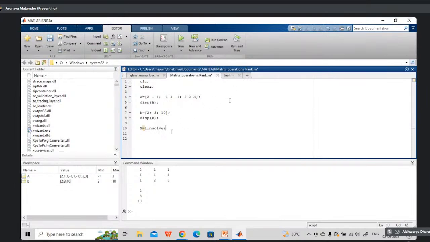This is a command which is already available in the MATLAB package. Simply write A comma B, that's all. Then we will display x.